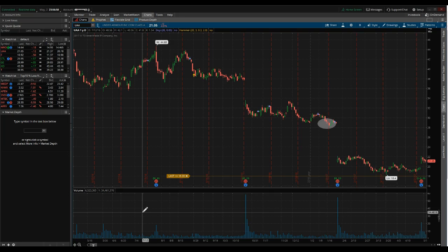I bought puts a few dollars below where the stock was currently trading, and I bought just enough puts to where if the stock were to have a large drop, such as how it actually did, I would still make money on the stock going the other direction. And that's what ended up happening. So Under Armour drops from 28 and it comes all the way down to 20 and it gets down to 18.50.